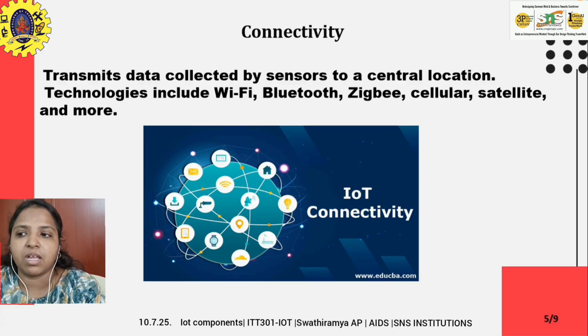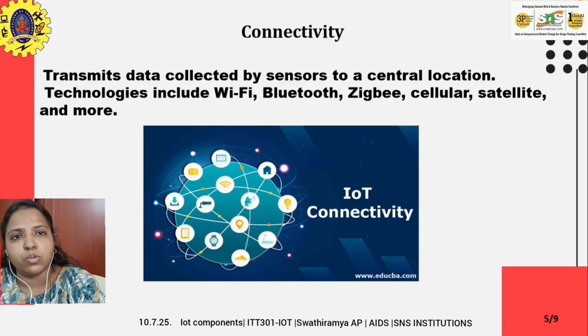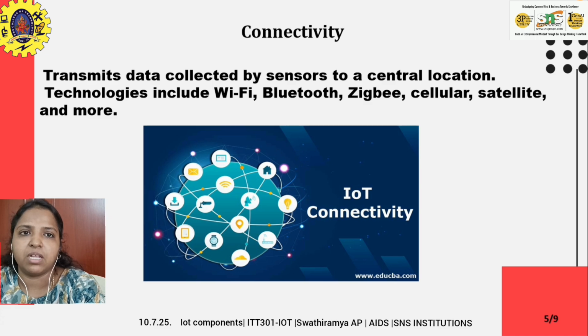There comes the role of the networks. The devices transfer the data to the cloud through various communication networks, which can be Wi-Fi, Bluetooth, Zigbee, or cellular networks like 4G, 5G. And we need a protocol for this communication. IoT supports a few protocols like MQTT, CoAP, HTTP, and a few web protocols for file transfer. These are all the network components of IoT.